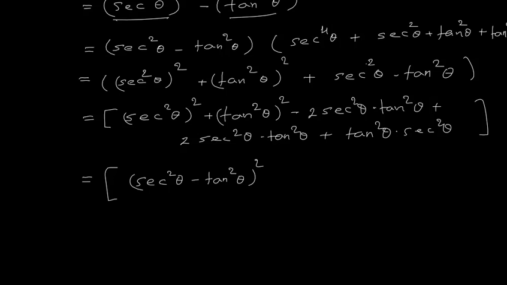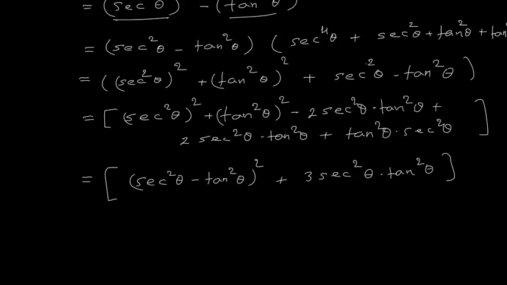If you expand, you will get sec square theta the whole square minus 2 sec square theta tan square theta, which is here, plus tan square theta the whole square. Then we have plus, here it is 2 times and here it is 1 time, so it is 3 sec square theta into tan square theta.